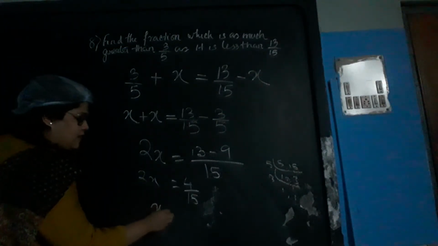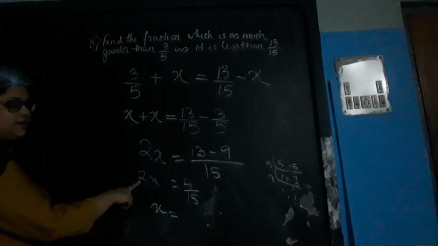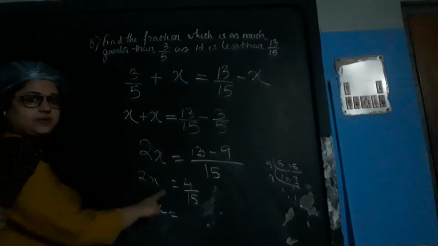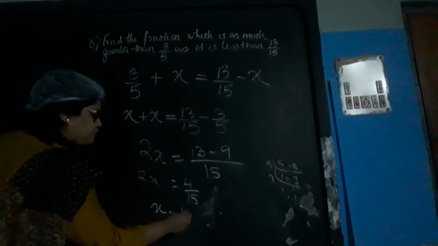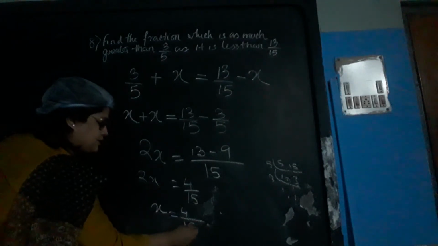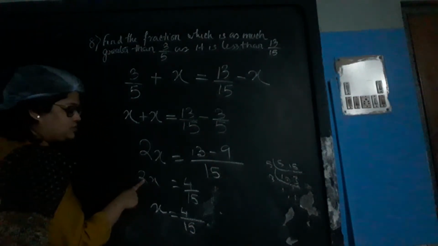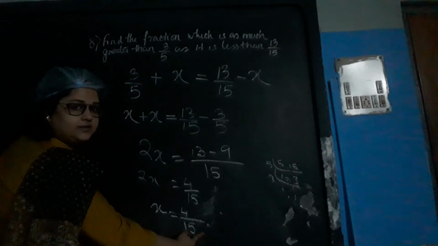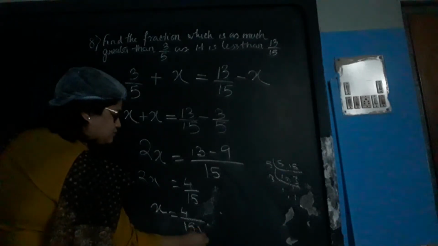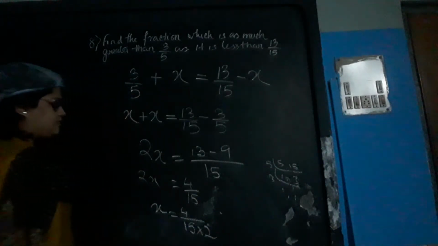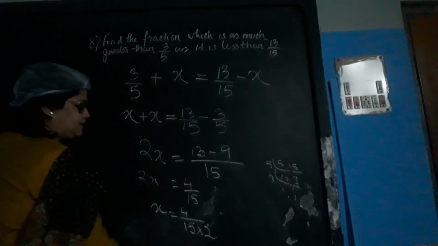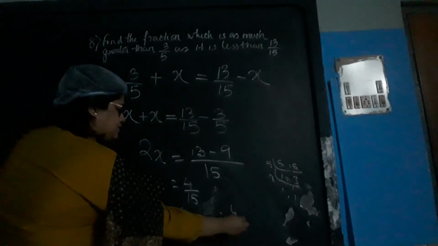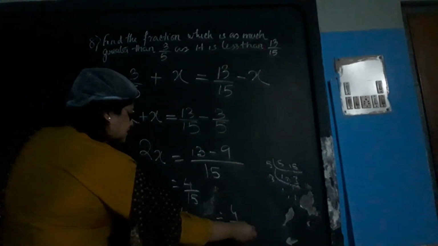Therefore x will be how much? Now 2 is multiplied. When it changes side, it becomes divided by. So 4 by 15 is already given. When 2 changes side, it becomes divided by on the right side. So we will multiply 2 with 15, whatever is given in the downward portion. So it is 4 by 30.